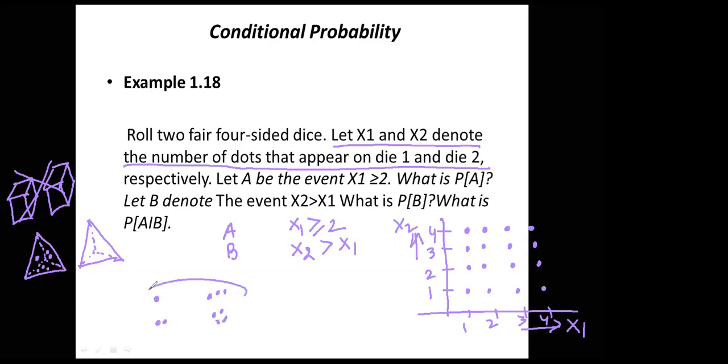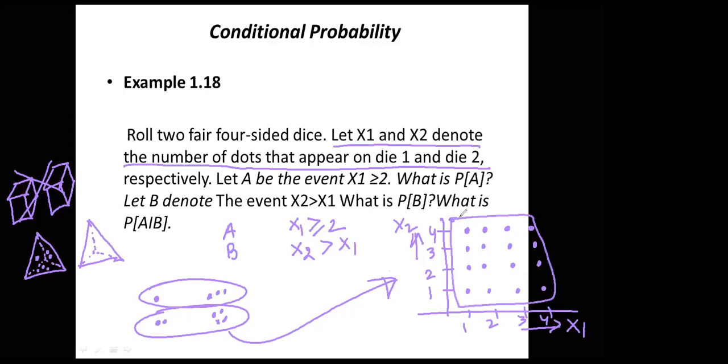So this is one combination, this is one combination. In this way, there are 16 outcomes. So if I take the whole thing, that is the universal set, isn't it? Yes, sir.